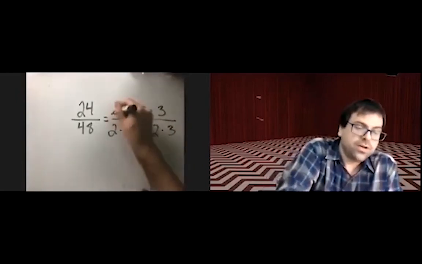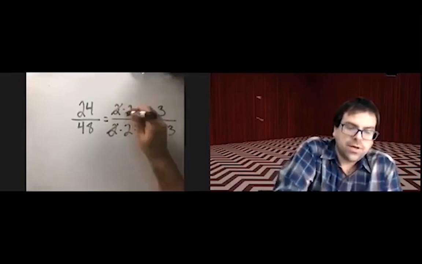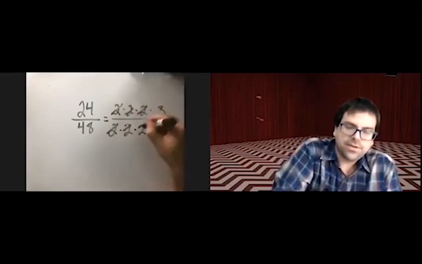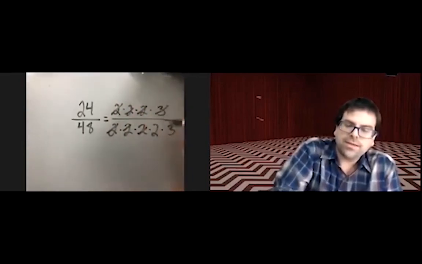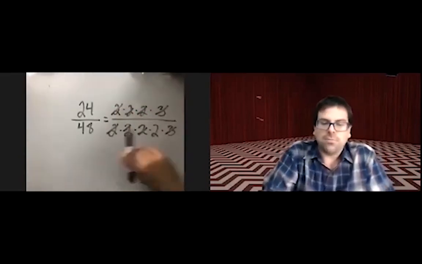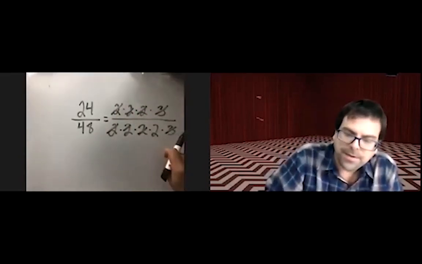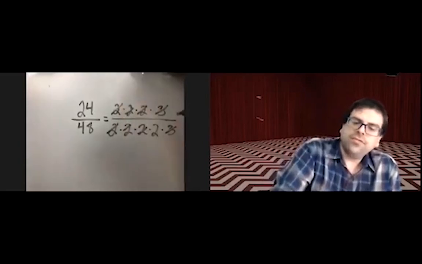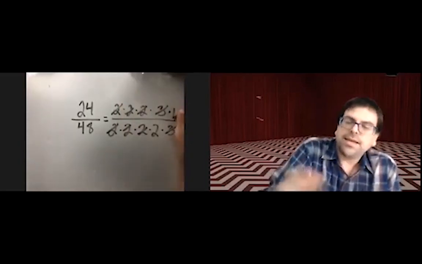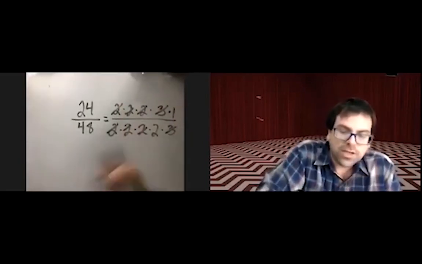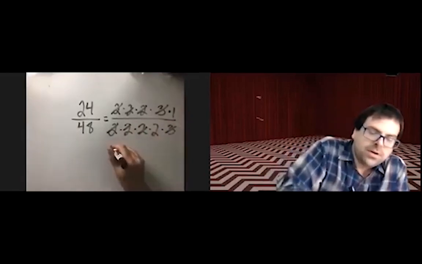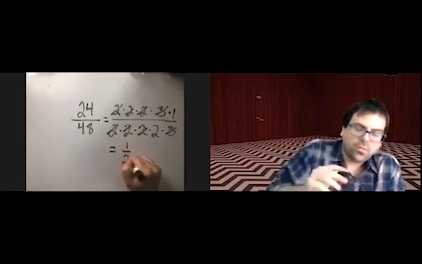And then we said we could cancel pairs. We can only do this if it was all multiplication on the top, all multiplication on the bottom. There's nothing left on top, and we know because anything is itself times 1, there's really a 1 left on the top, and we're left with 1 over 2.